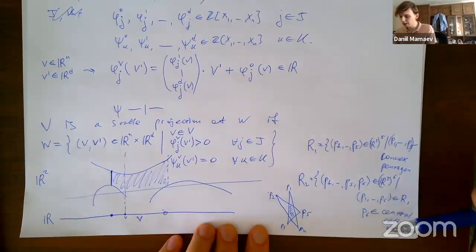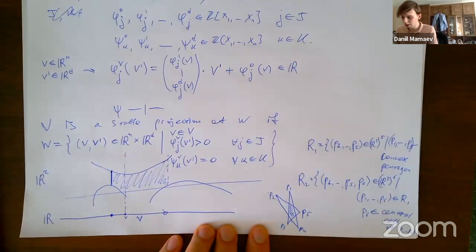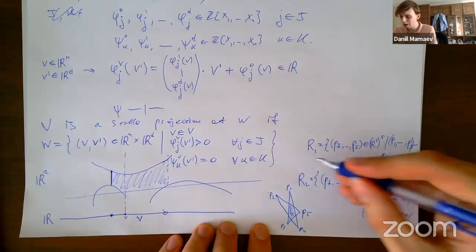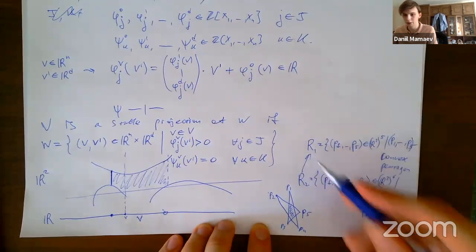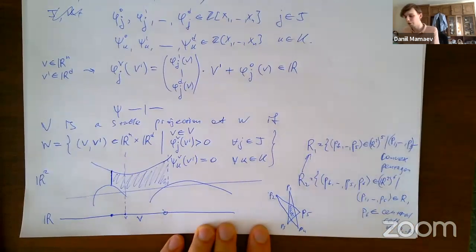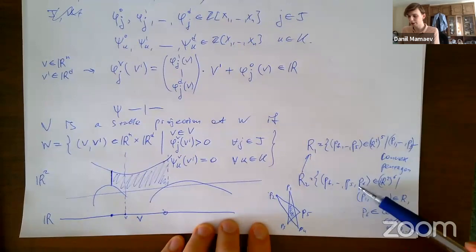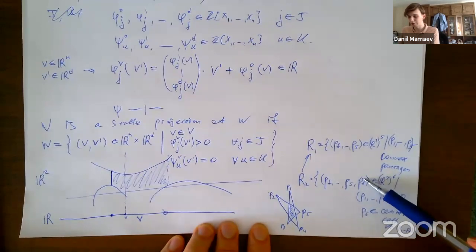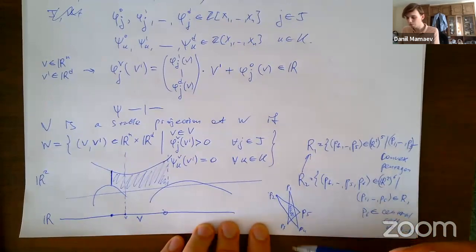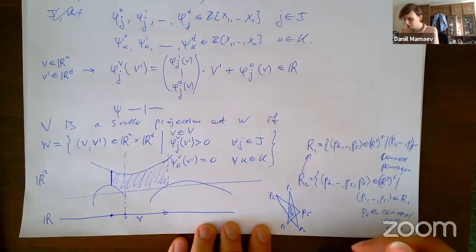You want P6 to sit in this colored region. So you have a projection from here to here, just forgetting the sixth point. And it is indeed a stable projection, because where should your point live?